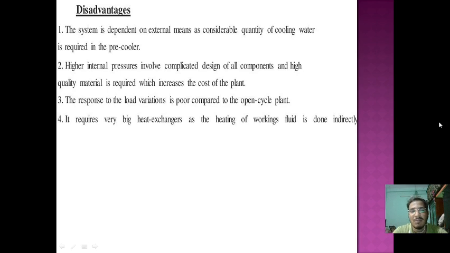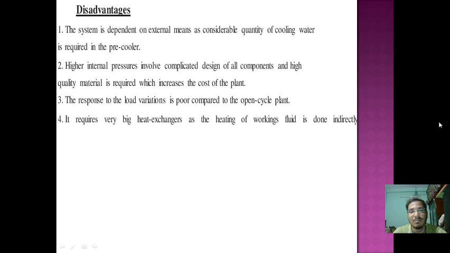These plants produce more heat energy compared to the open cycle, and it is not easy to change the transfer of heat energy. So as per the level of heat control, we have to supply cooling water into that jacket.